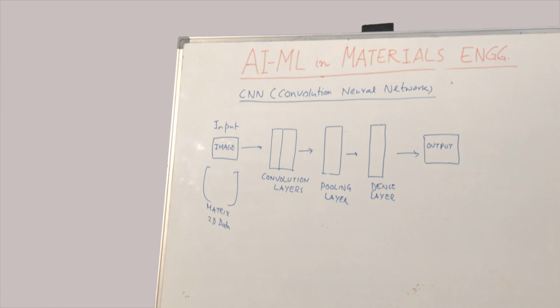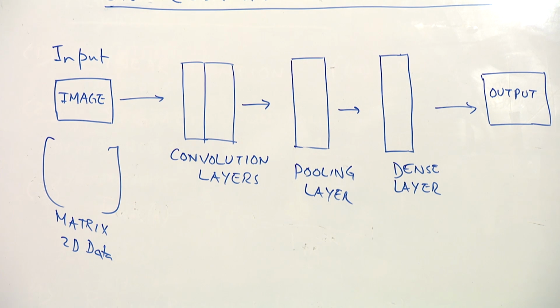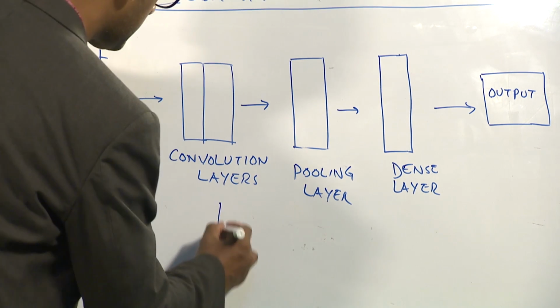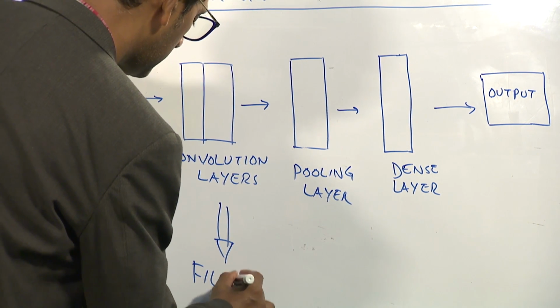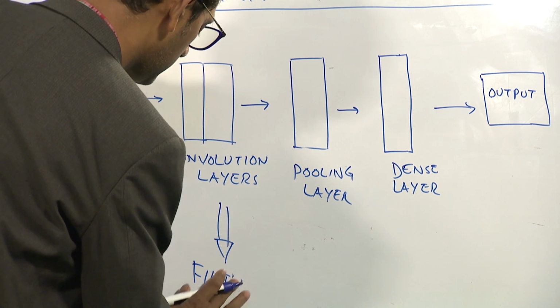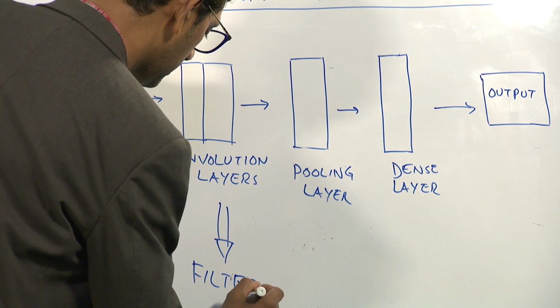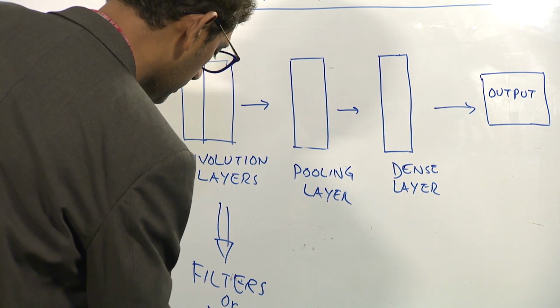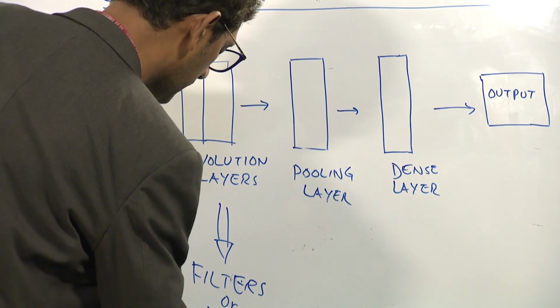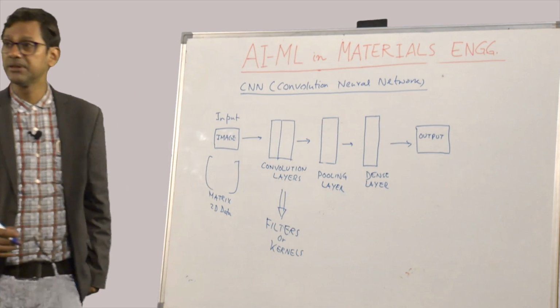It applies filters or kernels, very simple, right. It applies filters or kernels to the input image to extract features. Kernel is a new word, but you must have heard of kernels to extract features.